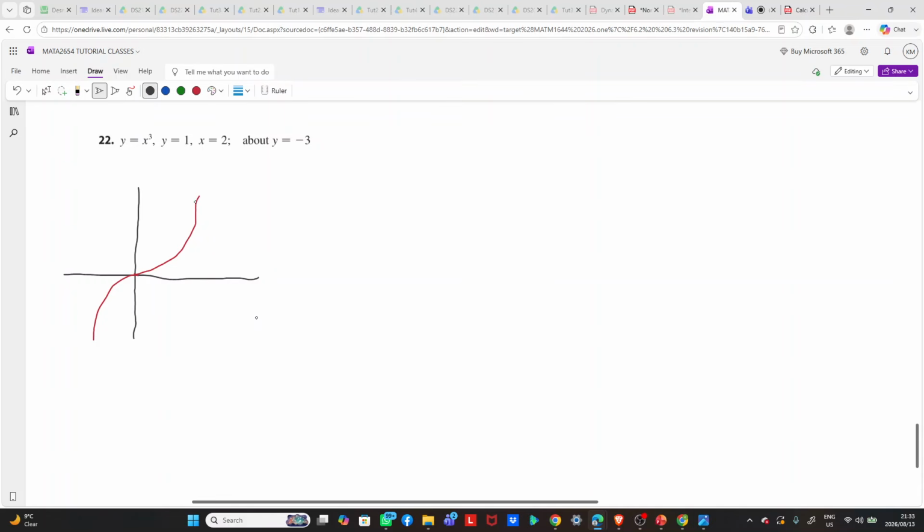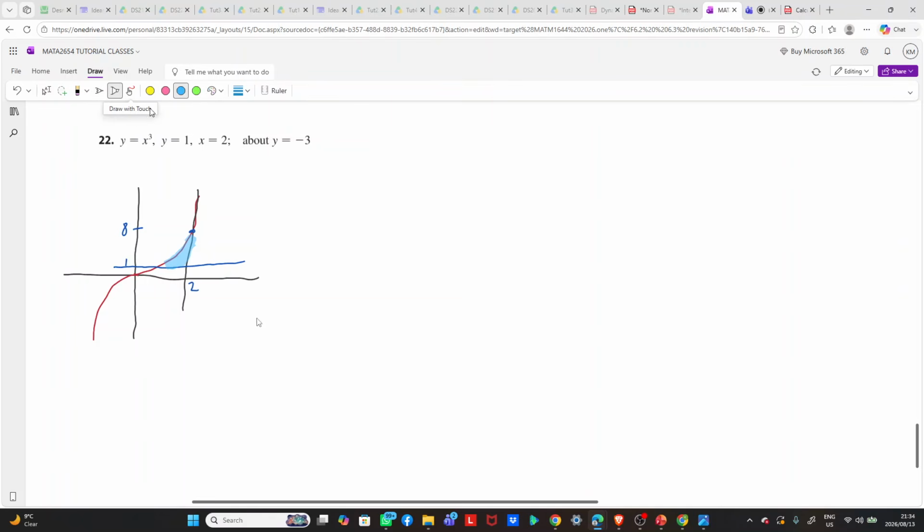Let me start with it and say the line y equals to 1 is somewhere there, just so you can see the region. So the region is going to be this one. I know here this is 8, and this is 1, and this right here is 2.